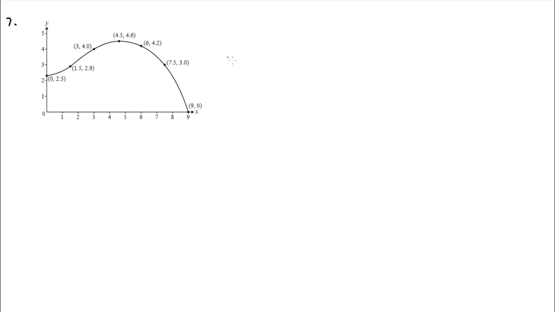So trapezium rule is just half of the height or width of every strip times the first y coordinate, y0, plus yn, which is the last one, plus 2 lots of everything in between.